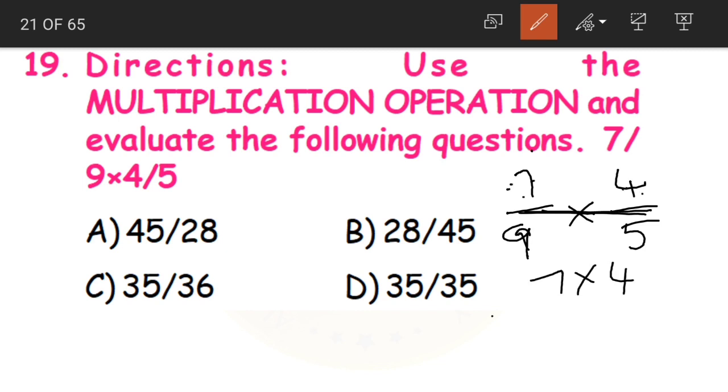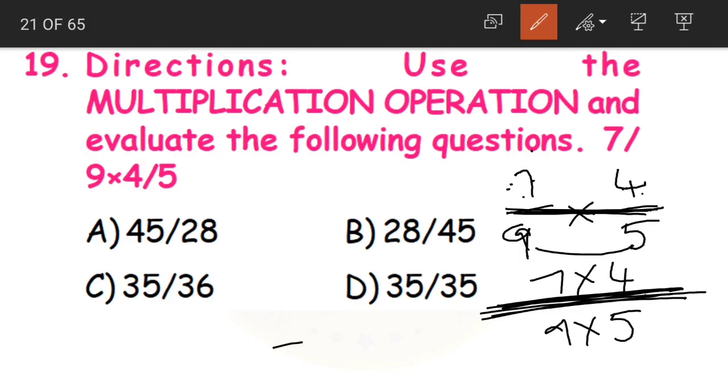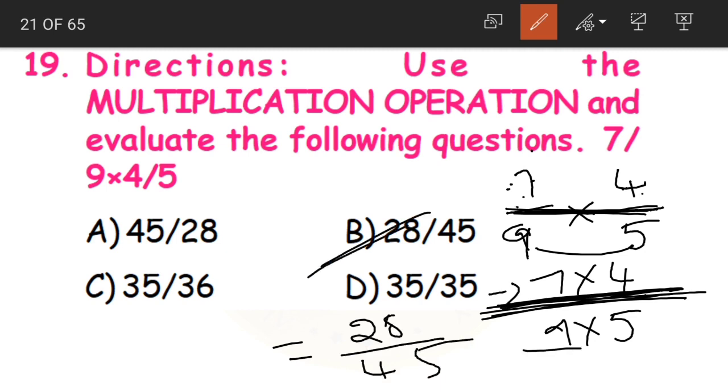Multiply the numbers on top, 7 into 4, and then write the divided by symbol. This is called divided by or by. Then multiply the numbers below, 9 into 5. 7 4s are 28 by 9 5s are 45. What is our answer? Option B, 28 by 45. Children, we will discuss fractions in our further classes, but for now just understand how I did the multiplication here.